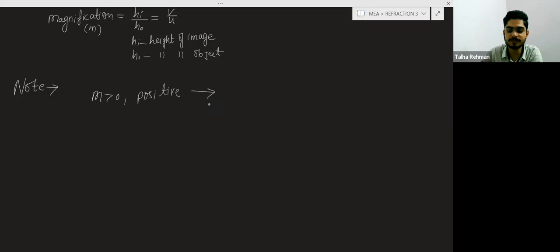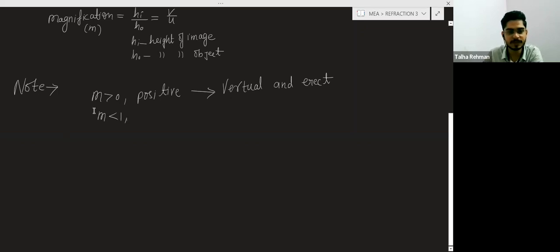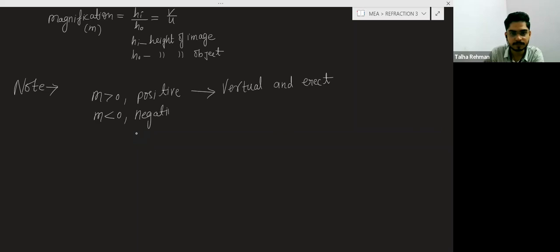The nature of the image will be virtual and erect. If your magnification is less than 0, like minus 1, minus 2, meaning negative, then your image will be real and inverted.